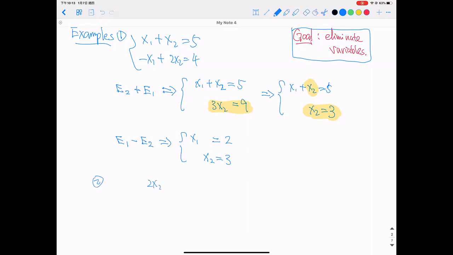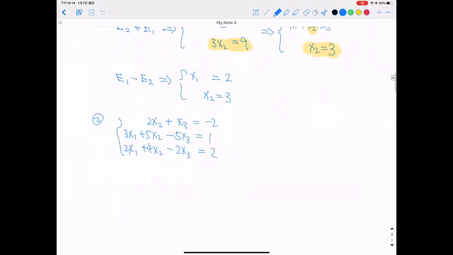Let's consider a more complicated case. 2x2 plus x3 equals minus 2. 3x1 plus 5x2 minus 5x3 equals 1. 2x1 plus 4x2 minus 2x3 equals 2.